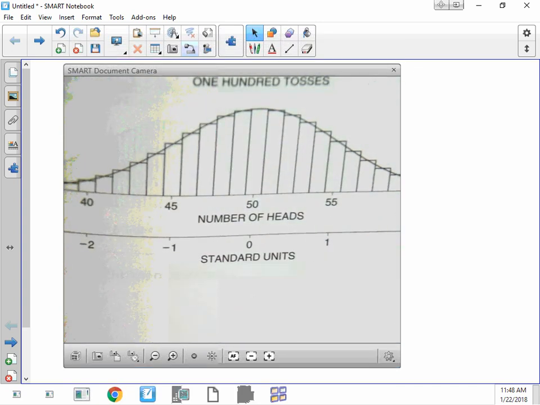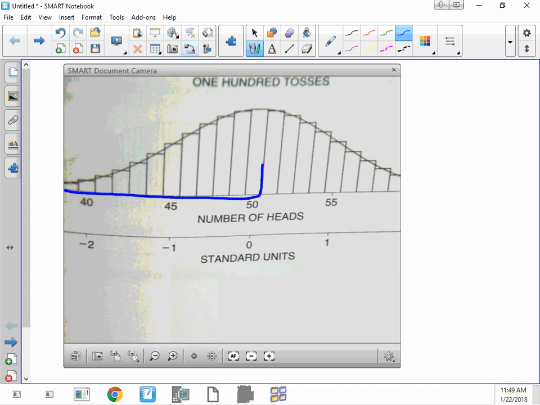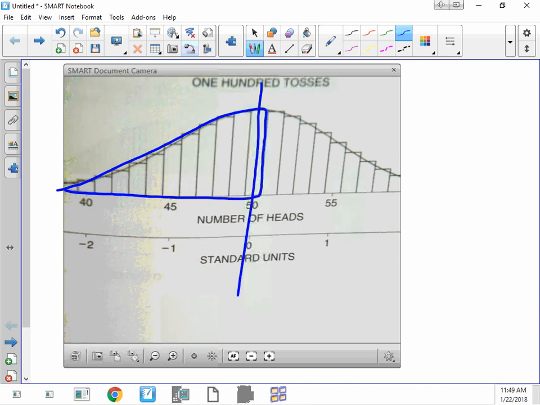All right. The chance of getting 50 or fewer is this area here. Is that half of what's up there? It's slightly more than half, right? Because half would be right here. But 50 counts.